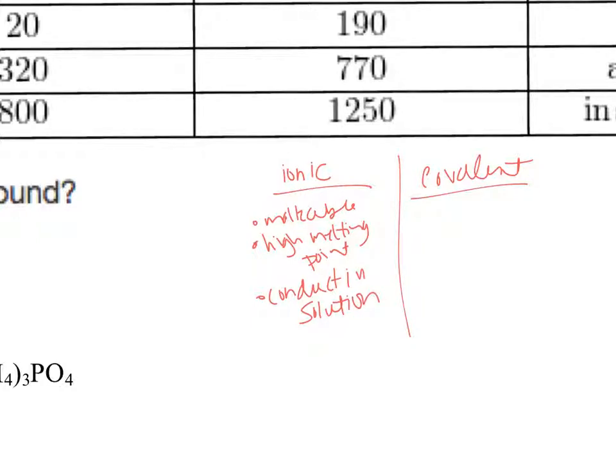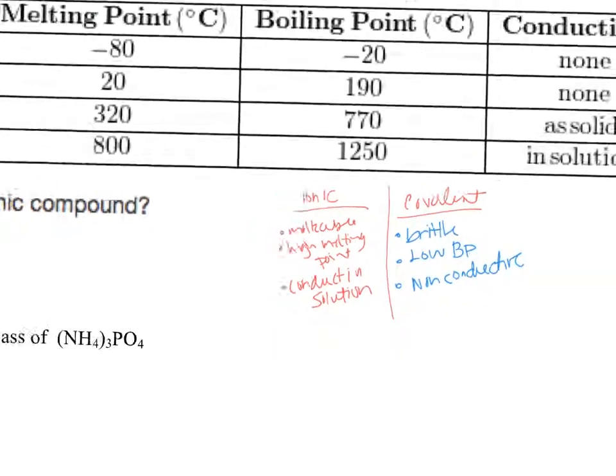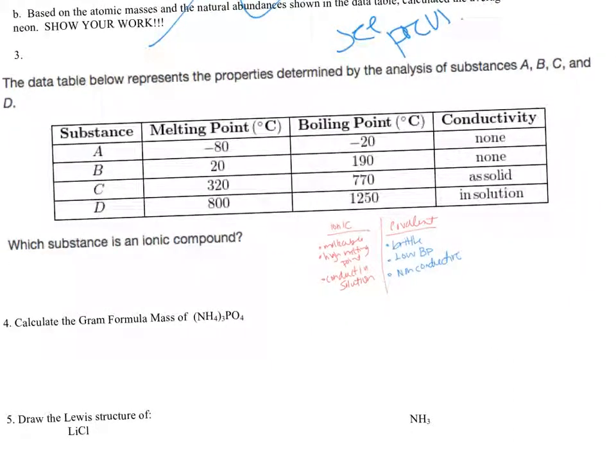Okay, covalent on the other hand, they are typically brittle, low boiling point, and they are non-conductive in any phase.